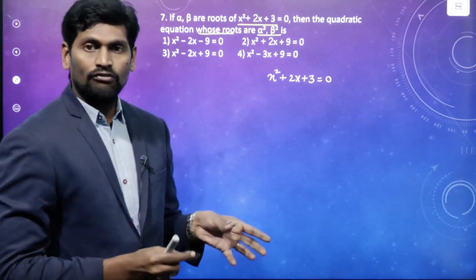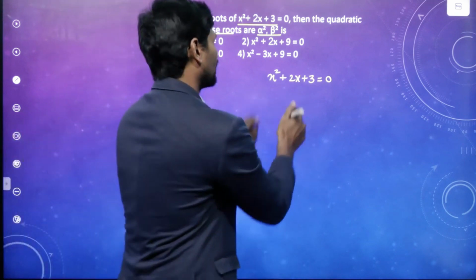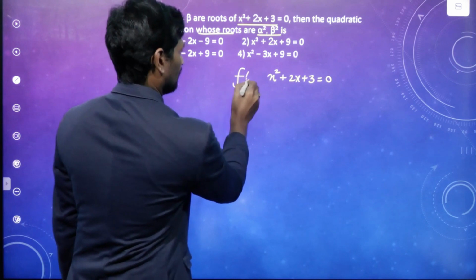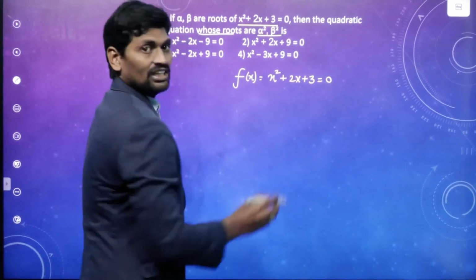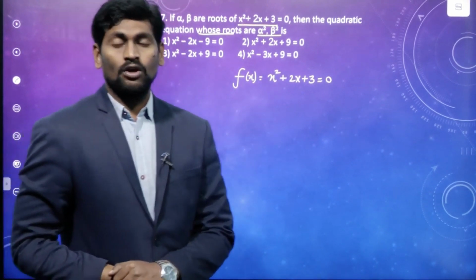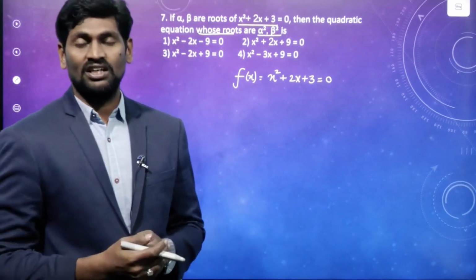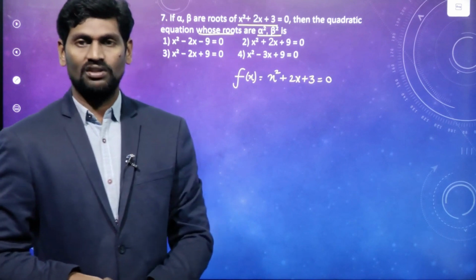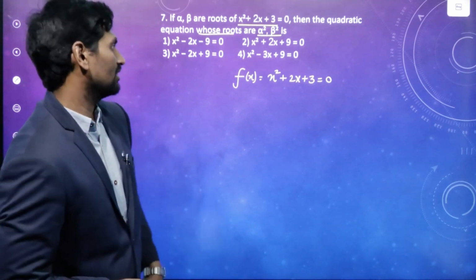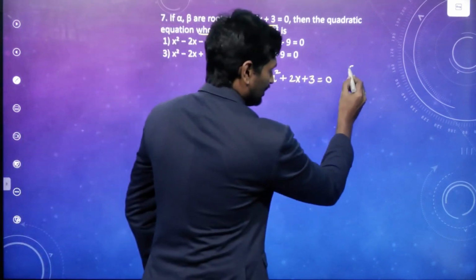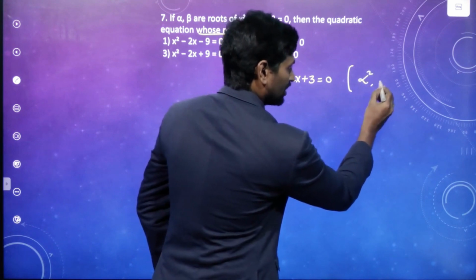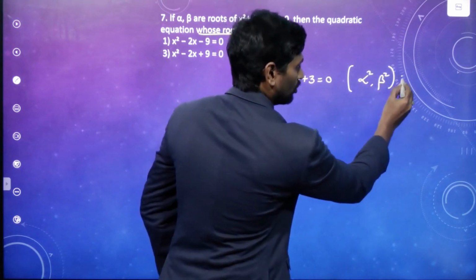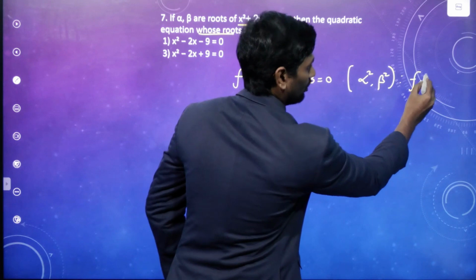That means if alpha, beta are roots of this quadratic equation, what is the quadratic equation which is having the roots as alpha square and beta square?